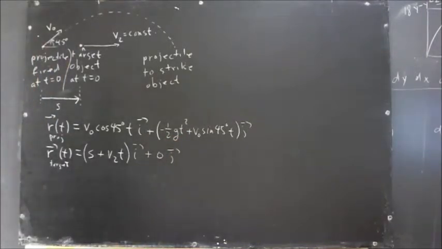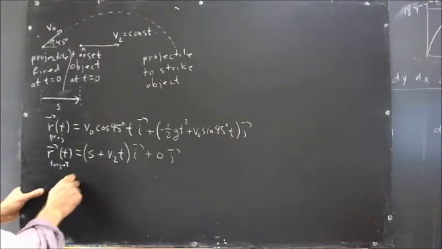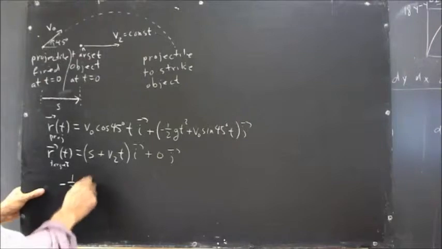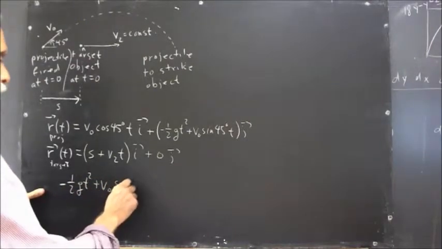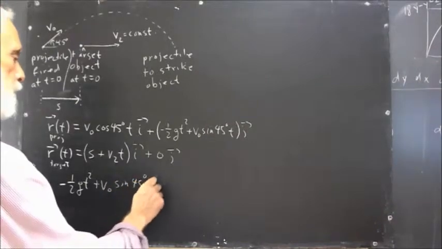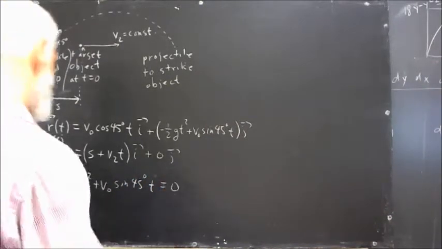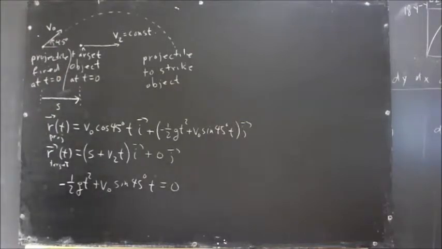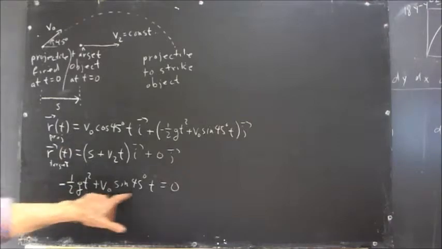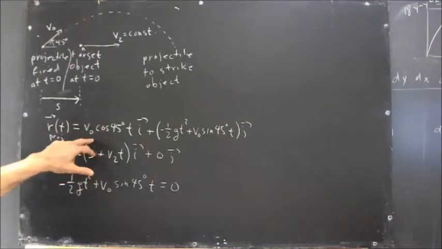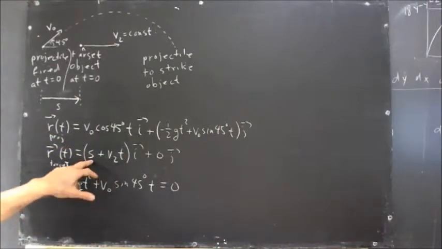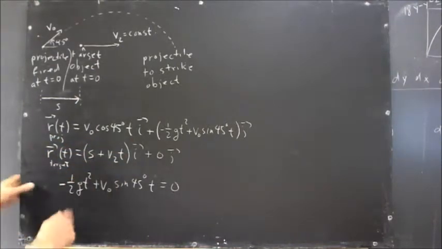So one of our conditions is that negative 1/2 g t squared plus v naught sine 45 degrees times t has to equal 0. We notice we have two unknowns: v naught and t. The other condition being that v naught cosine 45 degrees times t equals s plus v2 t.